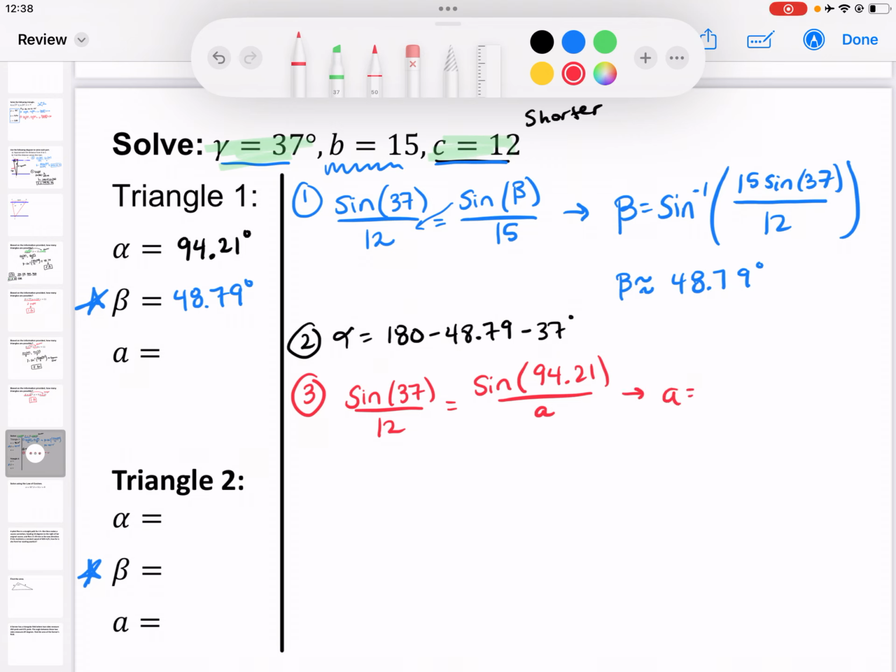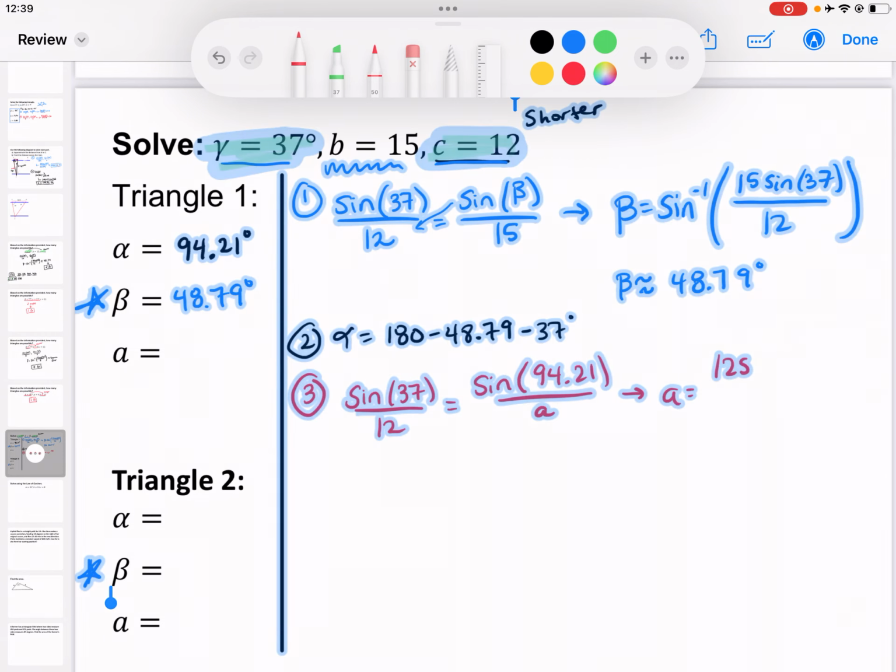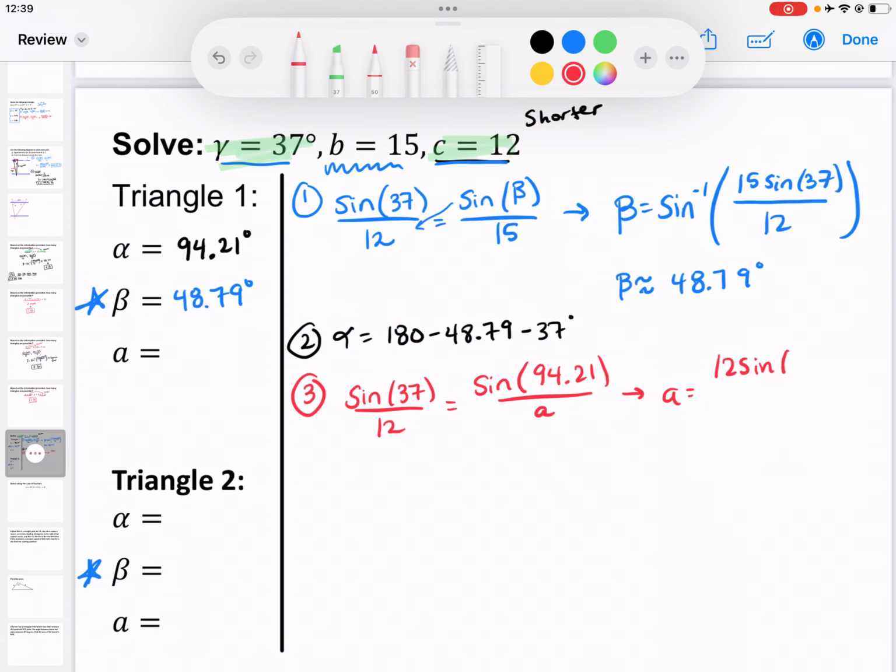So for A, we don't use the arc sine or inverse of sine. We just take 12 times sine of 94.21 and divide that by sine of 37. And we're going to type that into a calculator to find our answer.